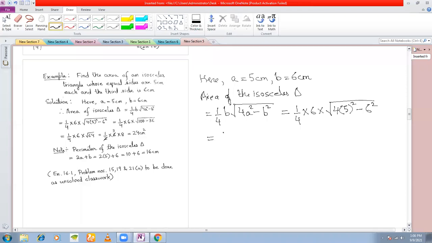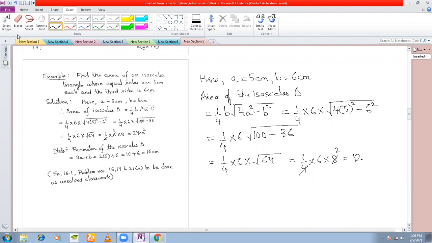And then you calculate this: 1/4 into 6 root over 4 into 5 square is 100 minus 36, is equal to 1/4 into 6 into root 64. So 1/4 into 6 into 8. Root 64 is 8. It cancels. So you simply get 12. This is 1/4.